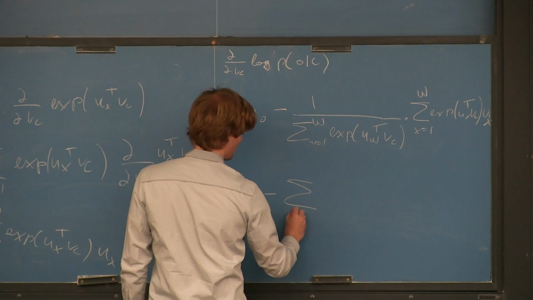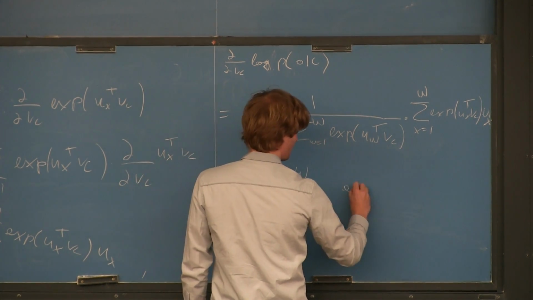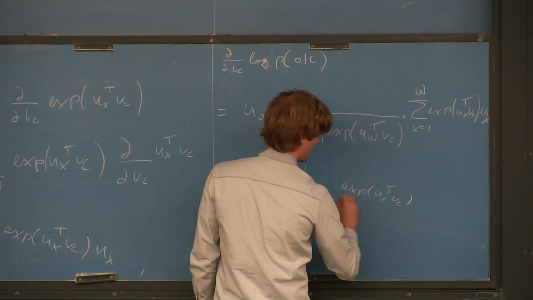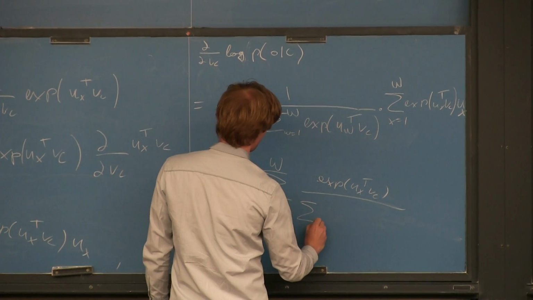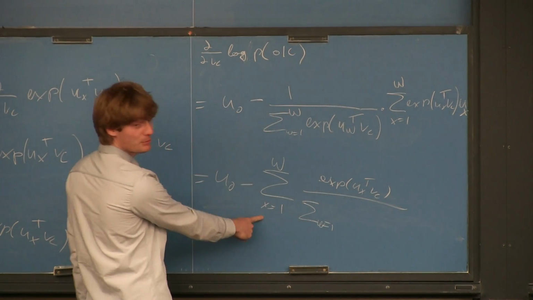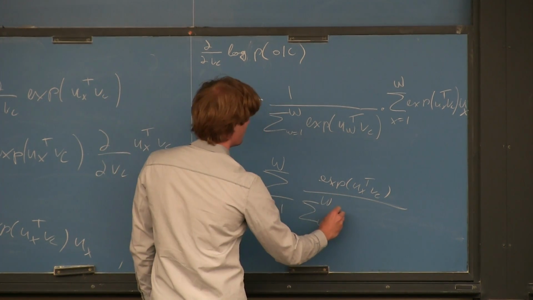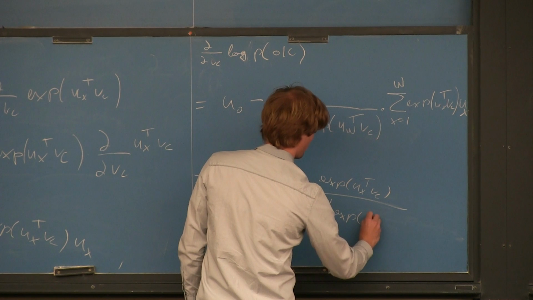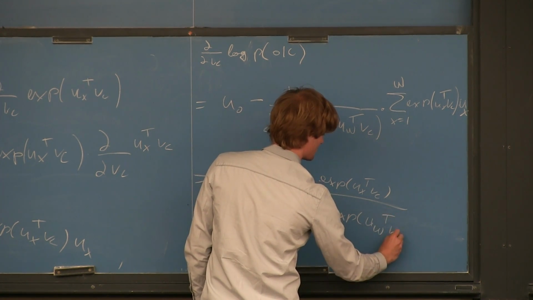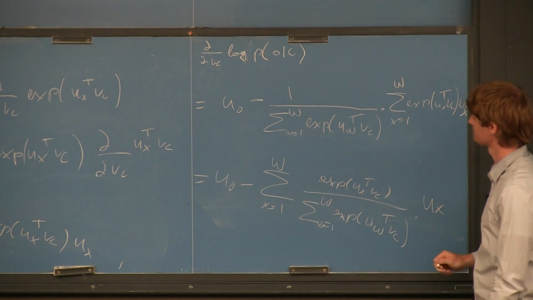You can write the sum over x equals 1 to W of the exponent of ux transposed vc divided by the sum over w equals 1 of the exponent of uw transposed vc, times ux. Again, it's very important to have different indices.